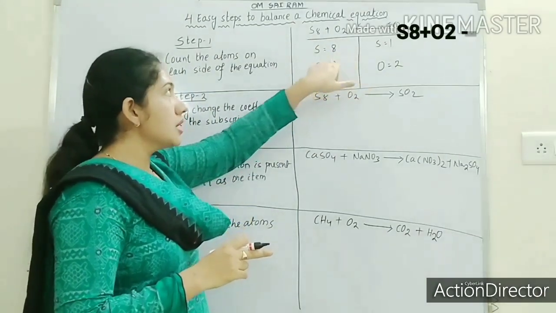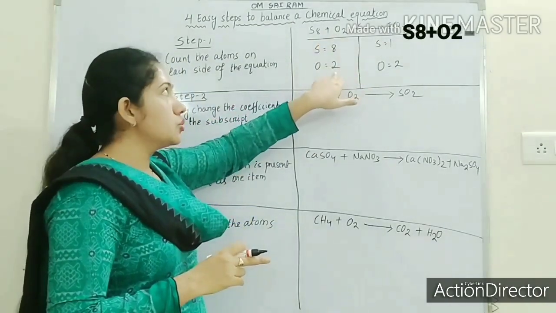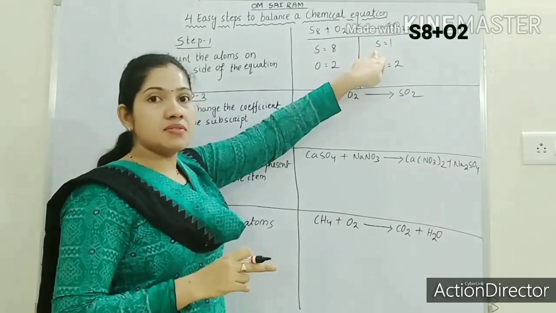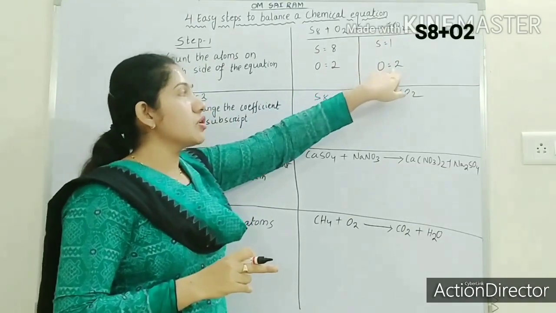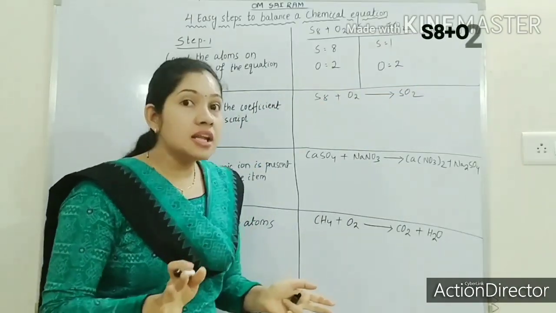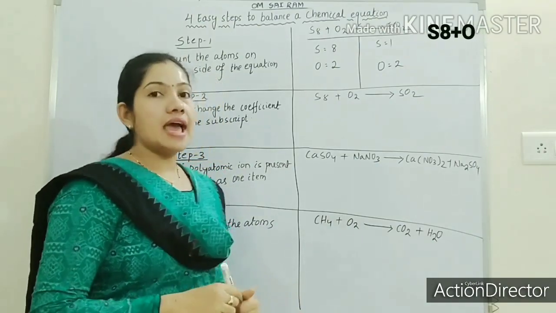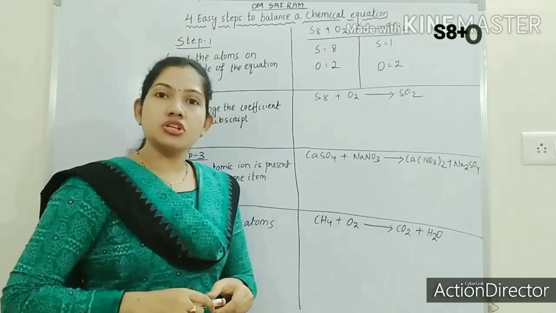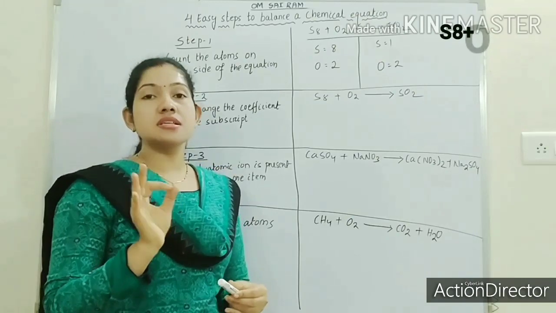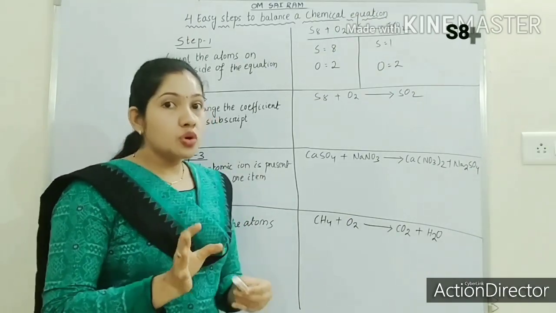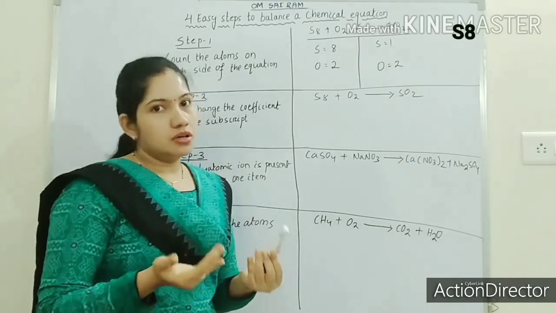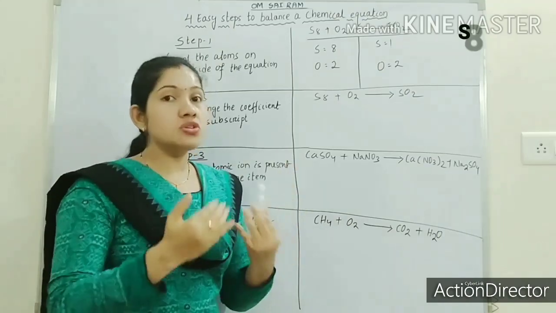S8. Oxygen 2. This side the number of sulfur is 1 and the number of oxygen is 2. Here clearly we can see that this is an unbalanced equation, or a skeletal equation. So we need to balance it. Don't worry, we will do it step by step.